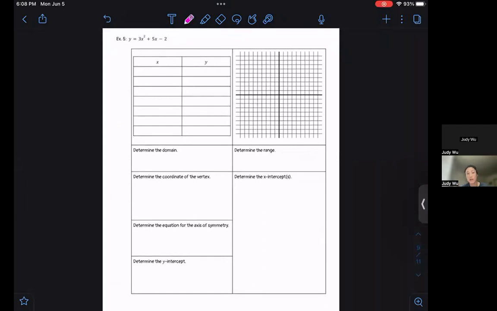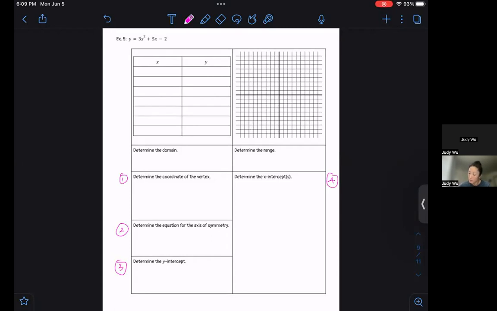If I see a quadratic equation in standard form, the first thing I'm going to do is find the vertex. Once I find the vertex, I'm going to determine the equation for the axis of symmetry. After that, I might find the y-intercept, and then I'm going to find the x-intercepts.